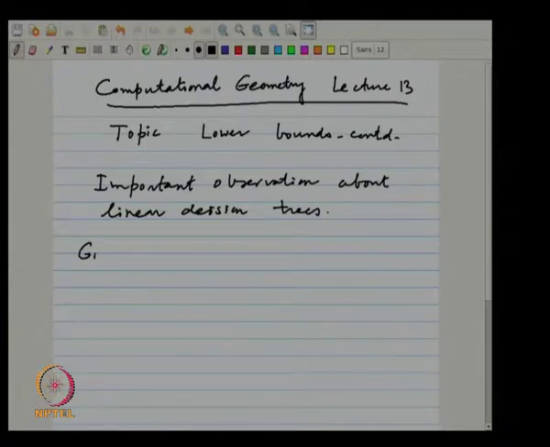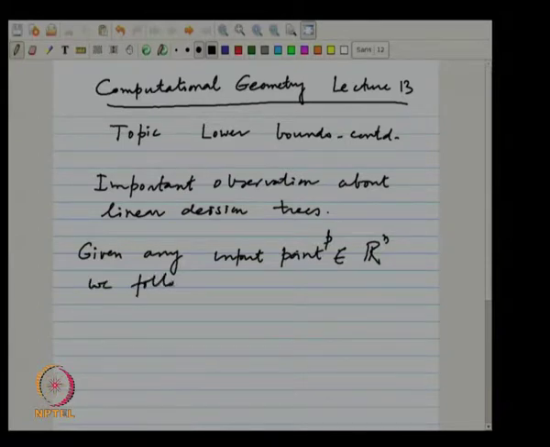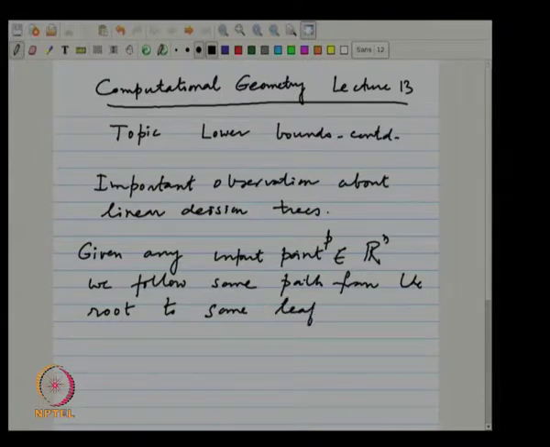Given any point p in n dimension, we follow some path from the root to some leaf node, which corresponds to either a yes or a no.